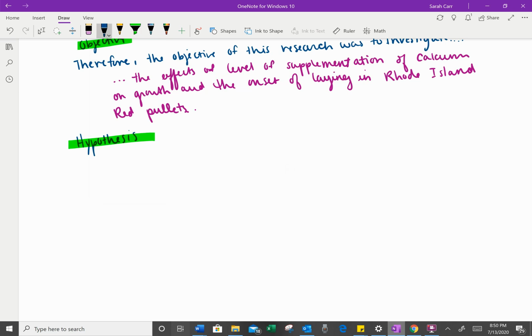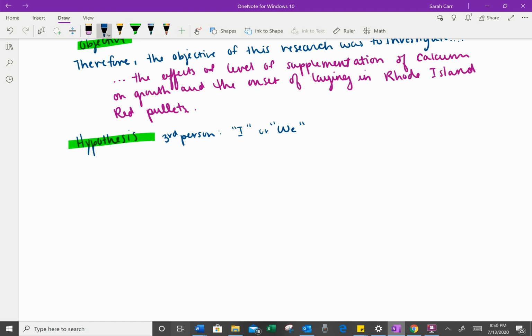It's what you perceive is going to happen prior to the research being done. So it's okay to use first person when you write this. It can be I, or we if you were working in a group.